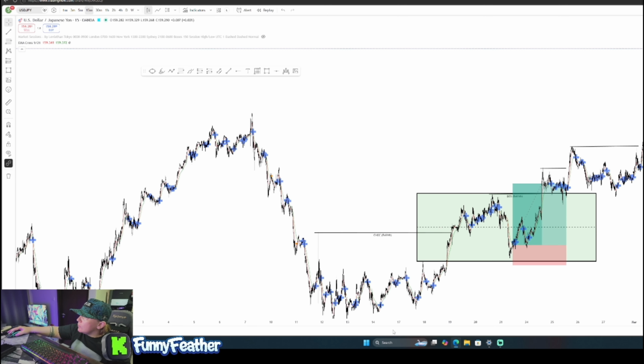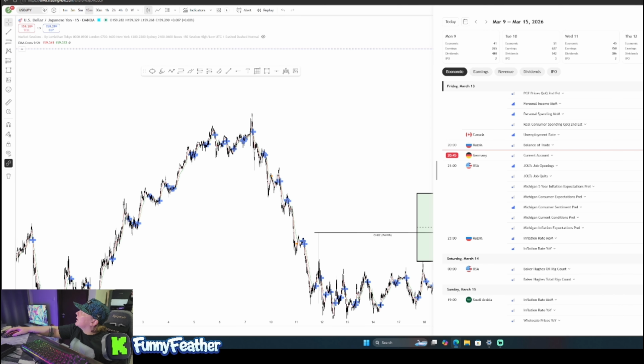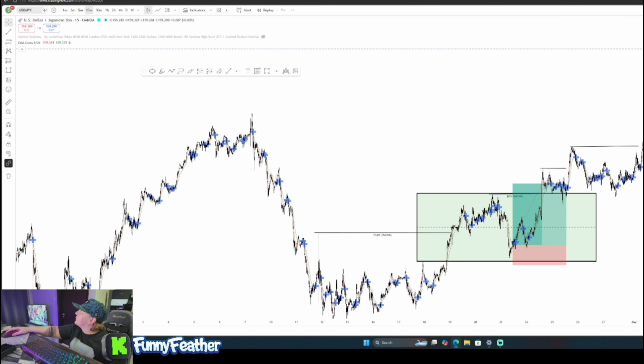I don't do the trades on TradingView, so let me see settings. Price ranges, bid and ask. Into the calendar. Where has it gone? That's so weird. Normally it's underneath here.